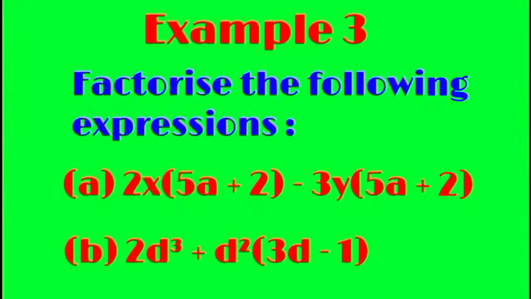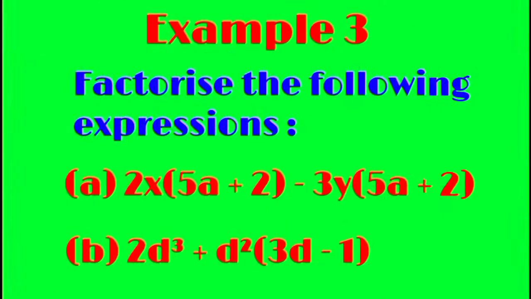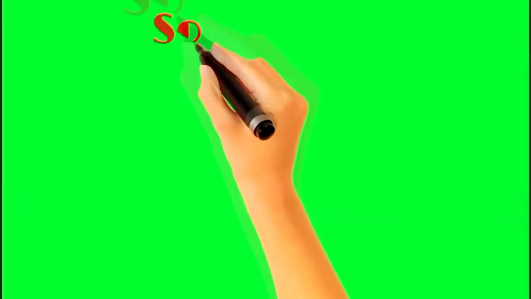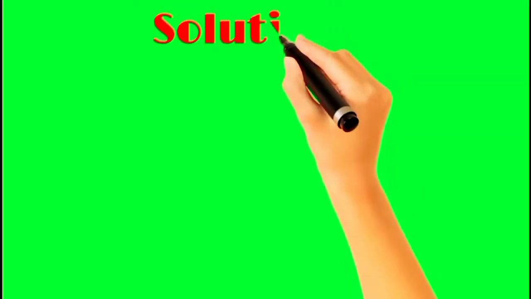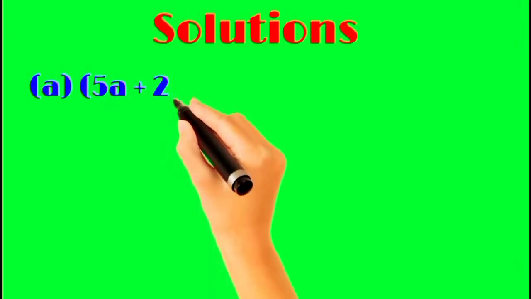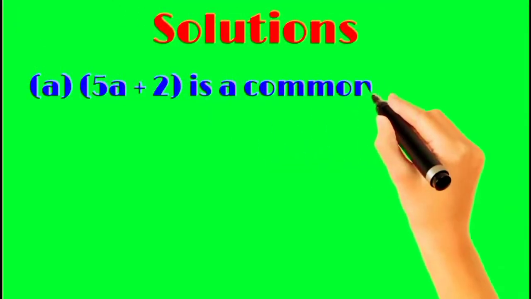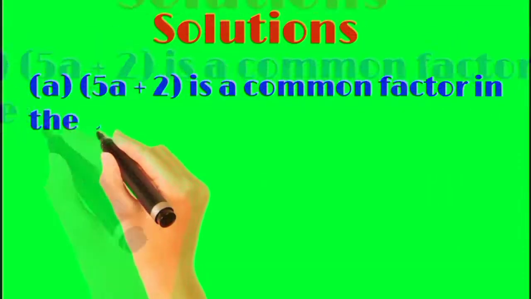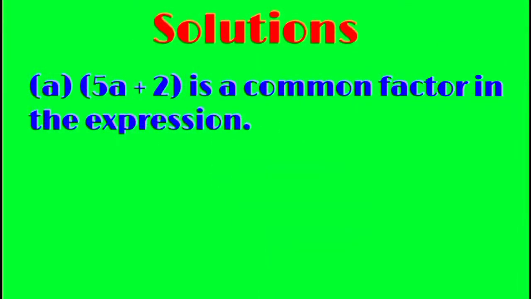I need you to pay attention to this particular type of example. Very, very important. In the very first one, you will notice that there is a common factor. And what is the common factor? 5a plus 2. The bracket of 5a plus 2 is common to both sides of the expression.